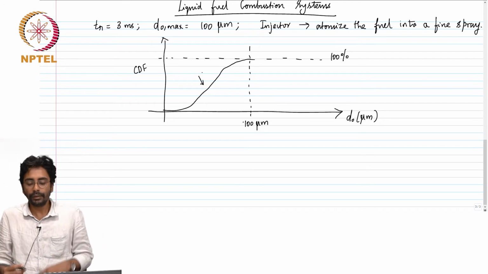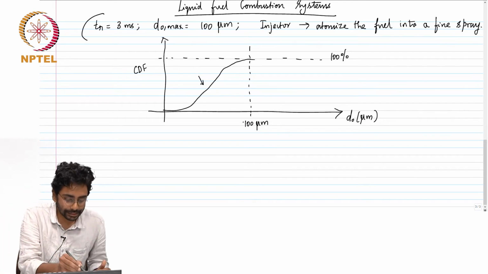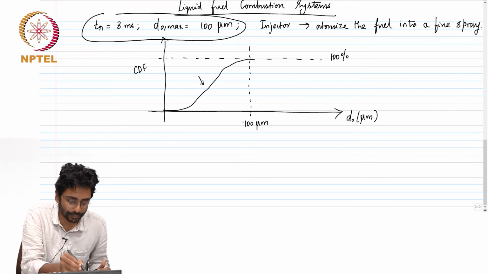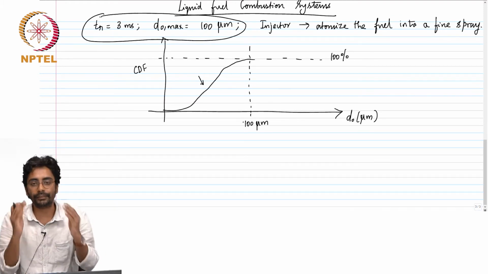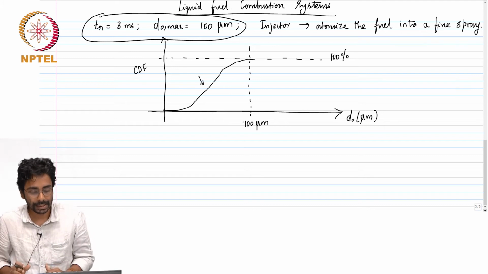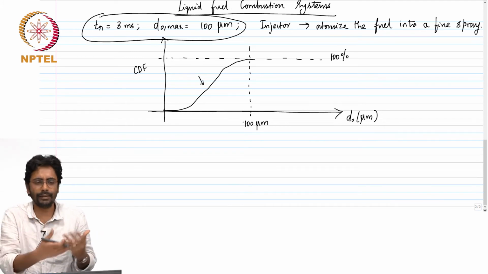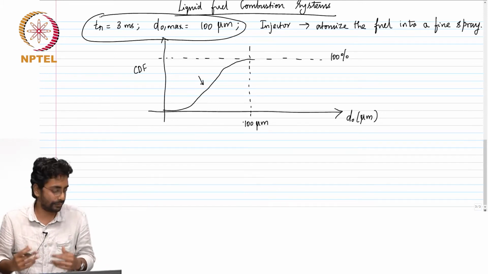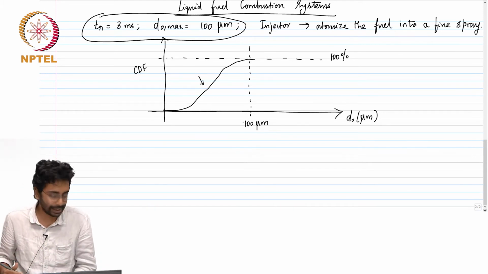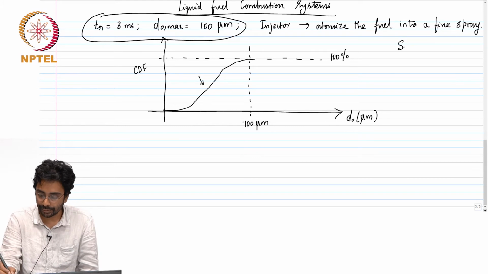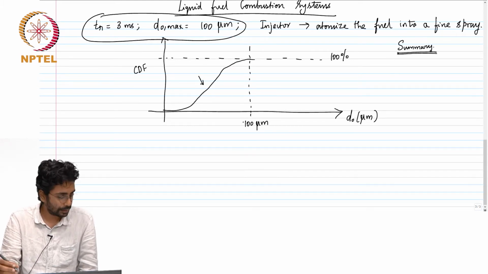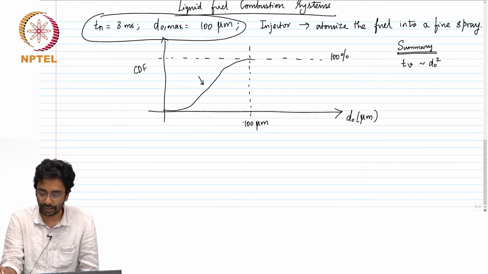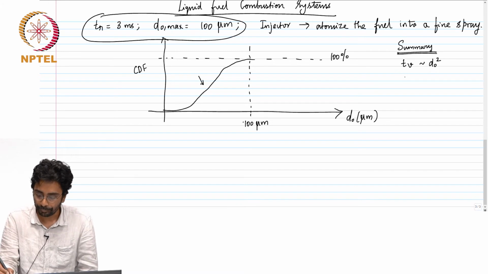Okay. For this example that I have assumed, the residence time available is 3 milliseconds and the fuel that is being used is kerosene. You can try 5 milliseconds with ethanol, 1 millisecond with gasoline and so on and so forth, but the procedure remains the same. So the summary is: vaporization time is proportional to the initial diameter squared, crucial.